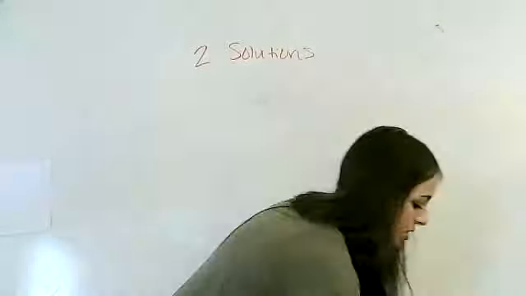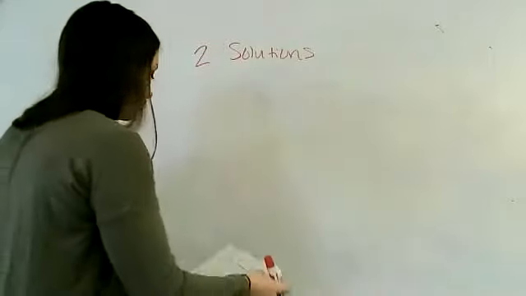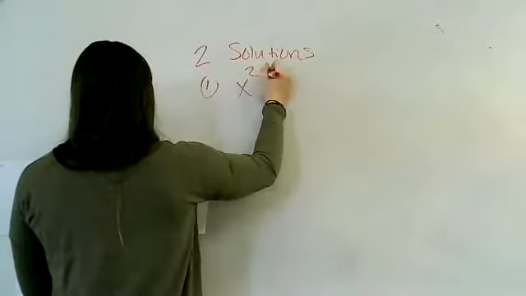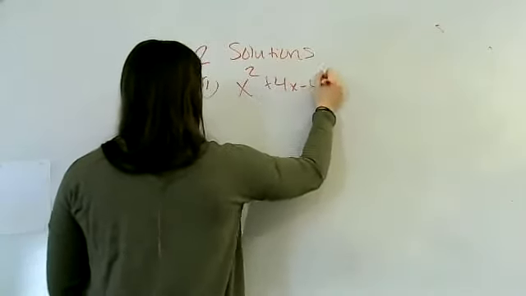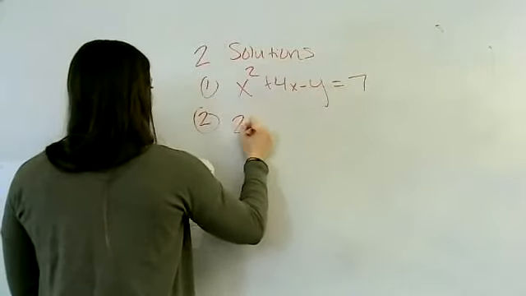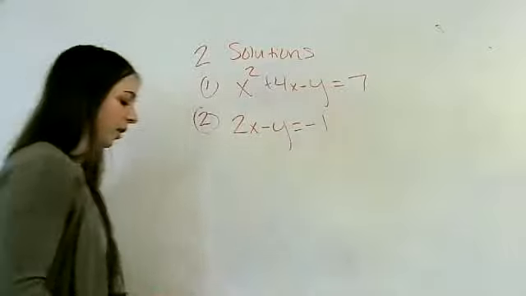So in this 2 solutions case, we have a quadratic and a linear. So equation 1 is x squared plus 4x minus y equals 7. And 2 is 2x minus y equals -1.